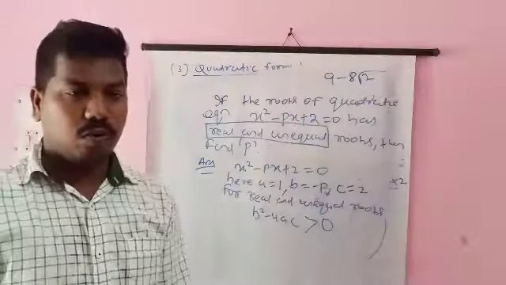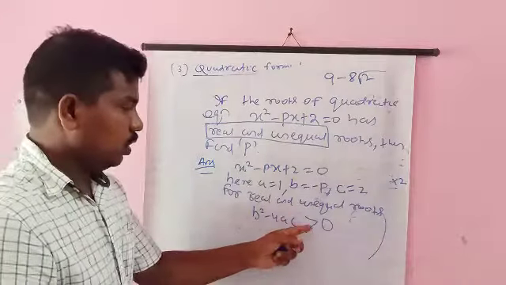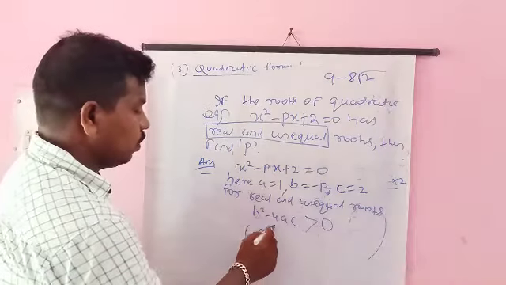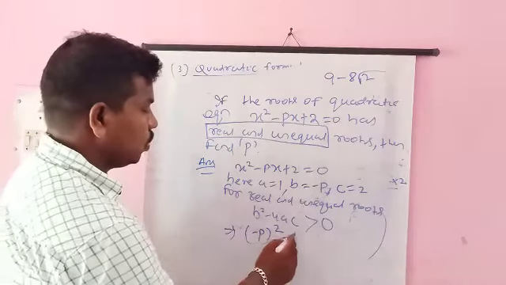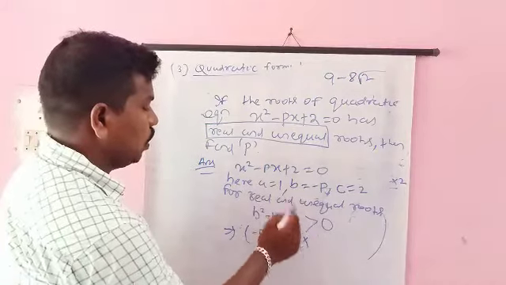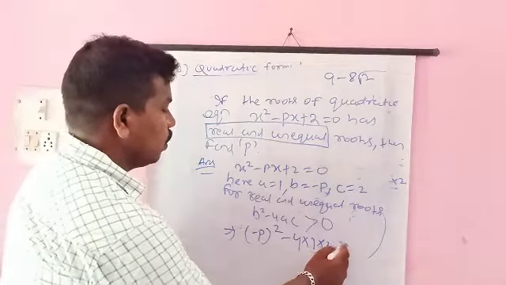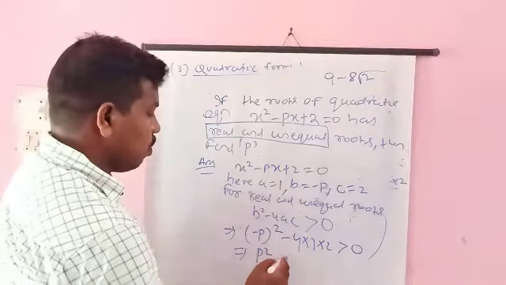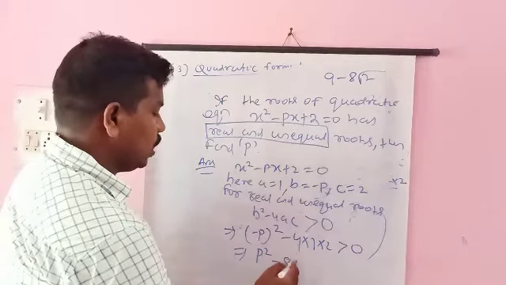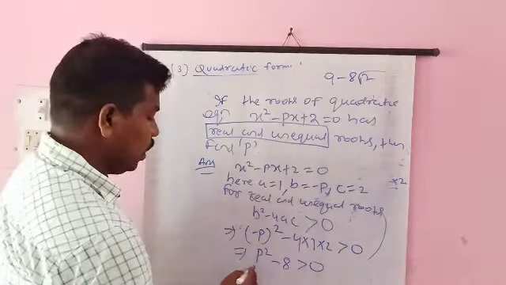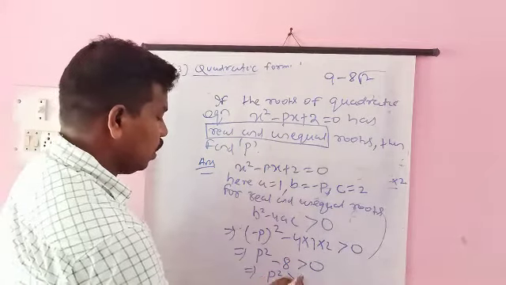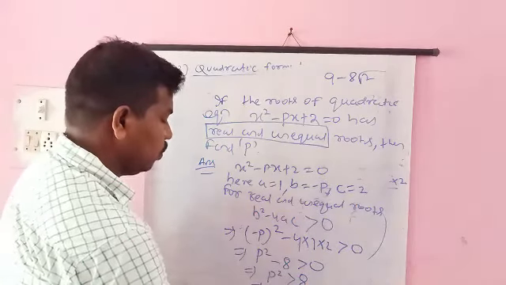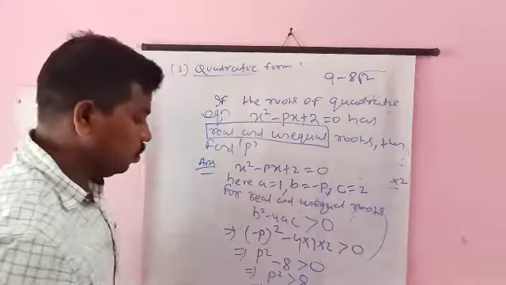Here b is minus p, so minus p square minus 4 into a, which is 1, into c, which is 2, is greater than 0. That implies p square minus 8 is greater than 0, so p square is greater than 8. That implies p is greater than 2 root 2.